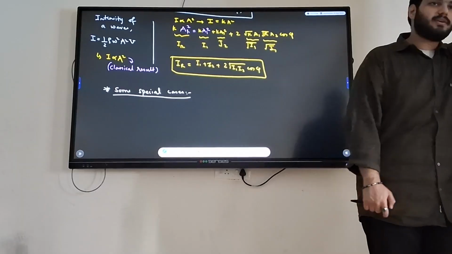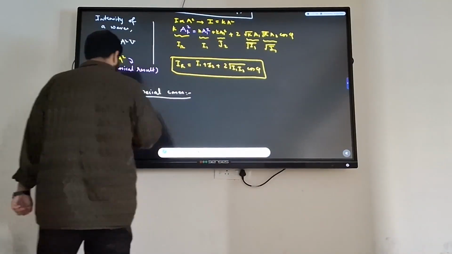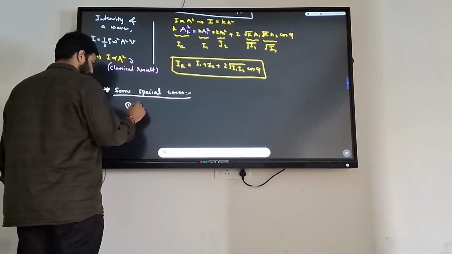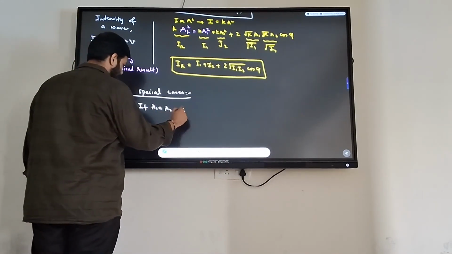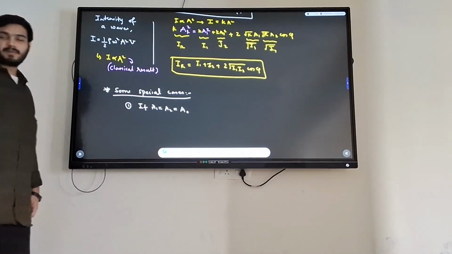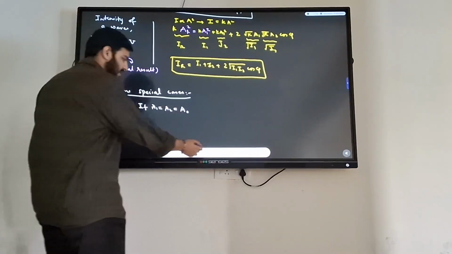What if A1 and A2 are equal? So case one would be if A1 equal to A2, which is equal to some A0. What should be the expression of AR? Can somebody tell me that?